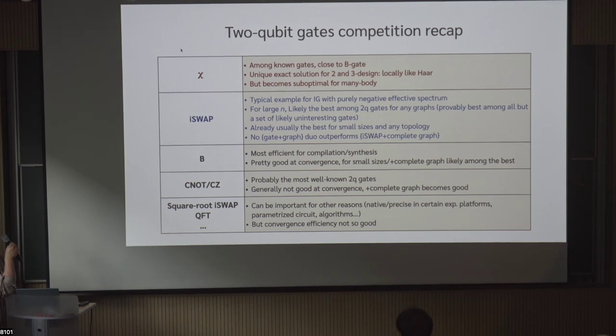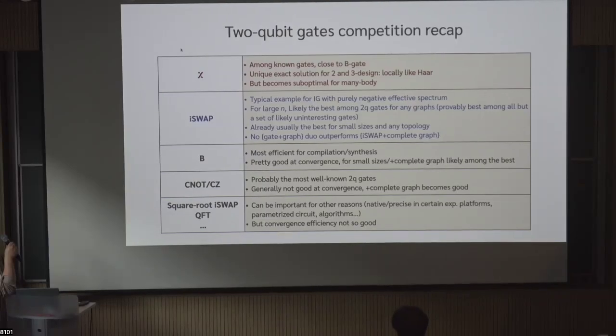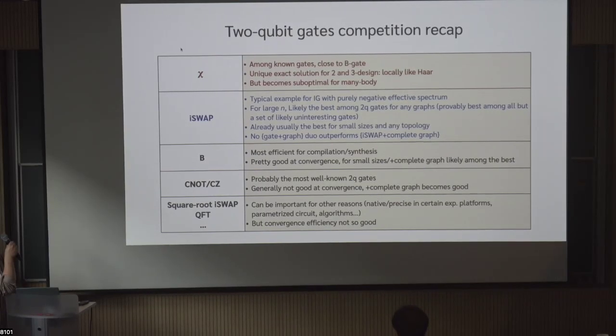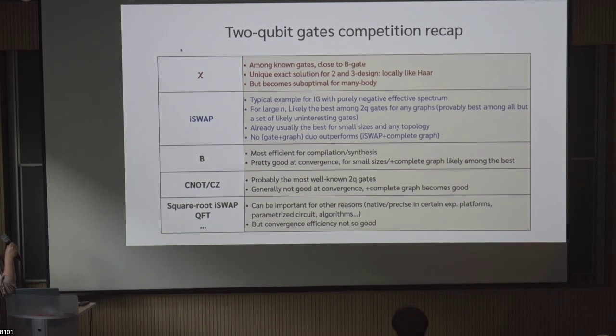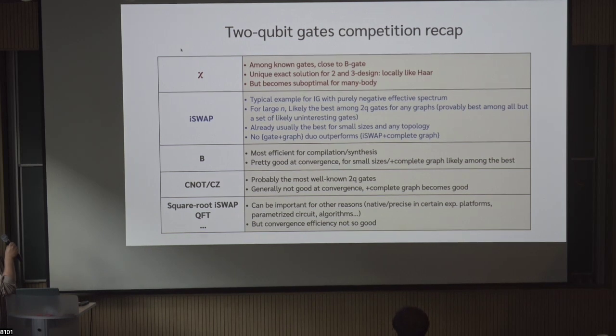And then if we look at the local convergence, it gives us a unique exact solution for 2 and 3 designs. So it locally looks exactly like it. But when we increase the system size and look at the many-body version of the convergence, it starts to become suboptimal. And for the many-body case, what emerges to be the champion is the iSWAP gate.